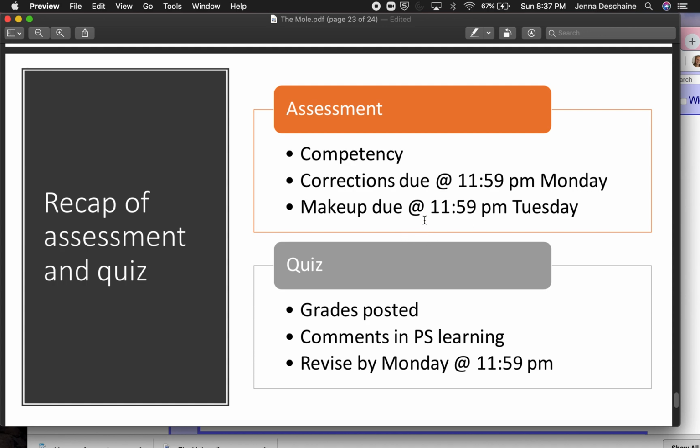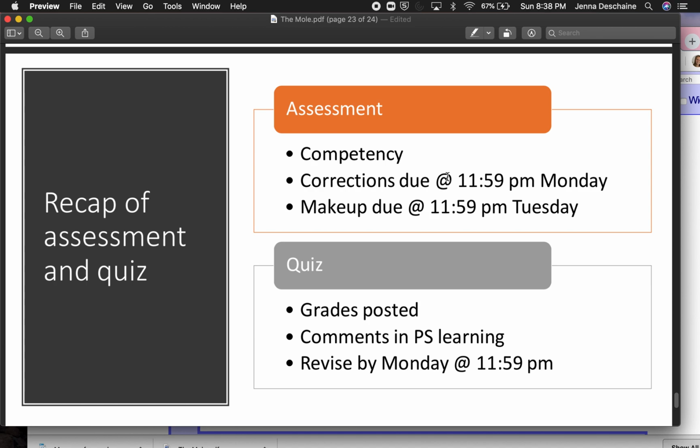I'll let you know. But corrections, the test is going to be given back to you today. You need to correct them by 11:59. Okay, you don't have any practice problems to do today, so please get that done. And then your actual retest will be due tomorrow at 11:59 p.m. Okay, so we need to get you made up, get those competencies remediated, and move on with our lives.